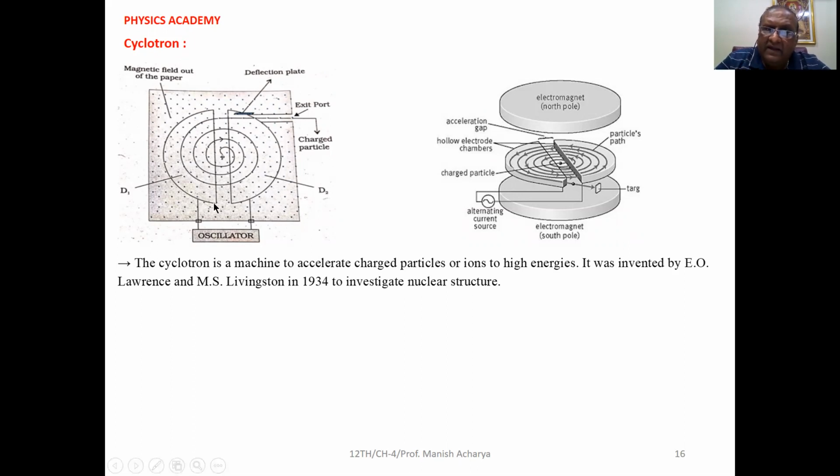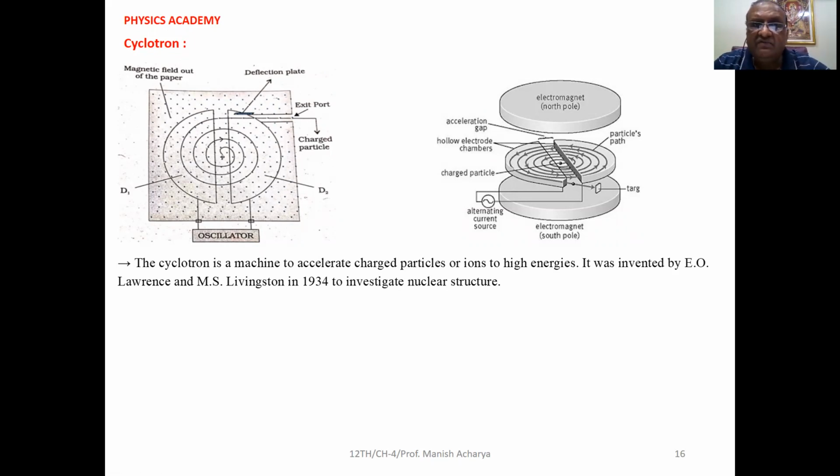So when the oscillator, meaning the AC source, is connected across these two dees, continuously the dees become positive, negative, positive, negative, positive, negative. And the frequency of the oscillator is kept exactly equal to the frequency of revolution of this charged particle.